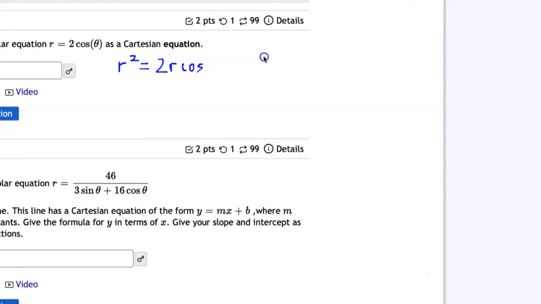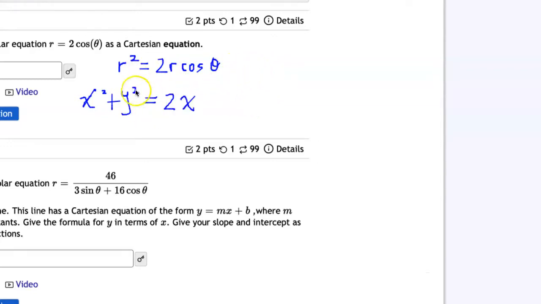And that's really nice because you can replace any occurrence of r squared with x squared plus y squared, and you can replace any occurrence of r cosine theta with x.